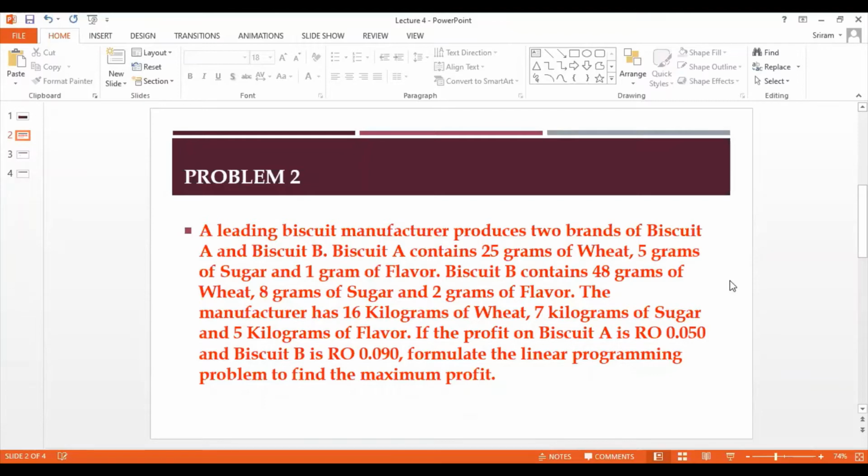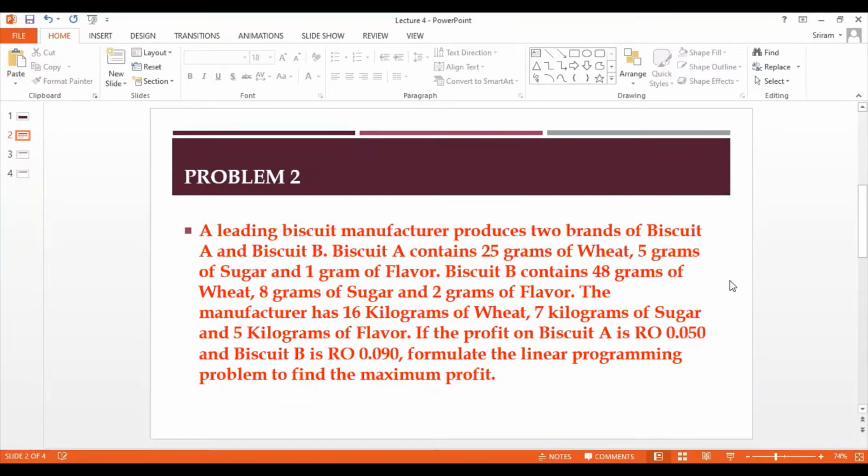When you want to prepare the biscuit, I need different resources. Here they defined three resources: one is wheat, one is sugar, one is flavor. Biscuit A contains 25 grams of wheat, 5 grams of sugar, and 1 gram of flavor.